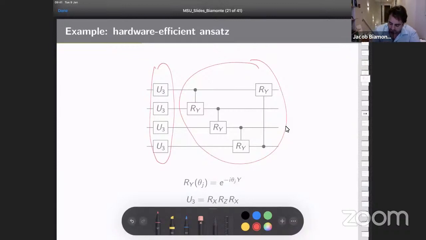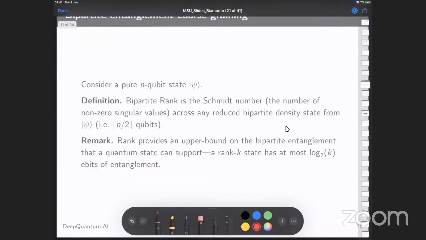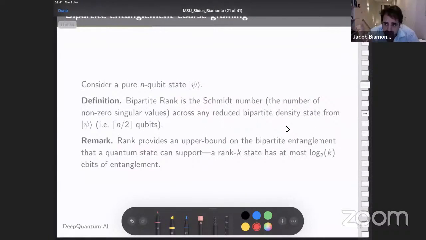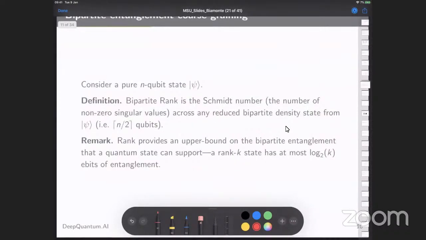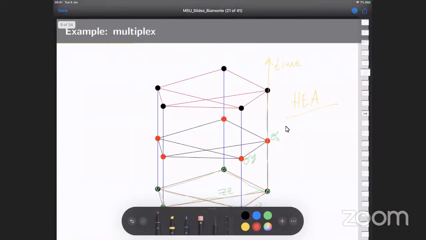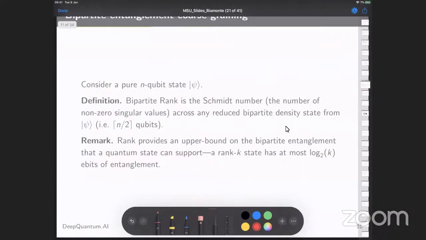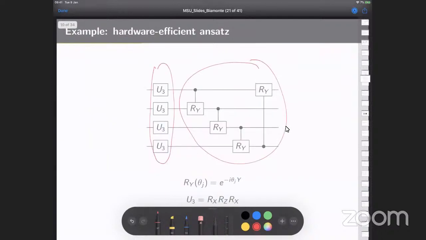Now, one of the things that we can say is this. Excuse me, this is a question from Stas. Jacob, does the connectivity of the qubits inside this layer affect the universality condition somehow?